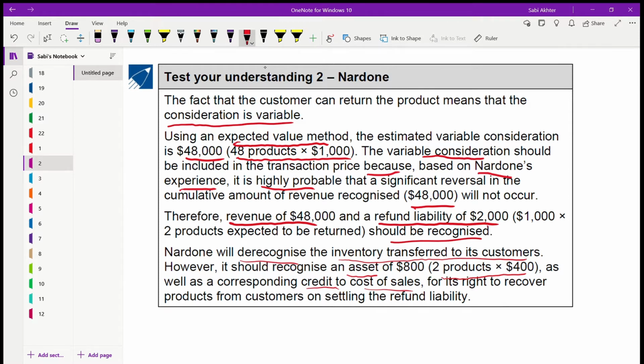Because when they settle the refund liability, they have the right to recover the product from the customer. Therefore, they should recognize 800 as an asset. Why? Two products are returned. What is the cost of it? The cost is 400. So 2 into 400, 800 they should recognize as an asset, and it should be credited to the cost of sales.